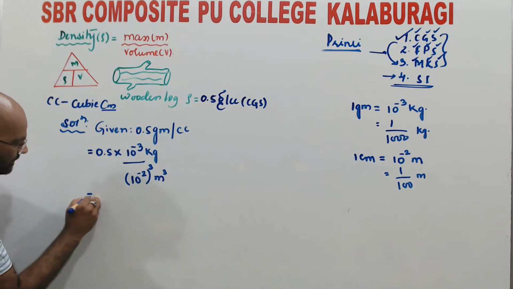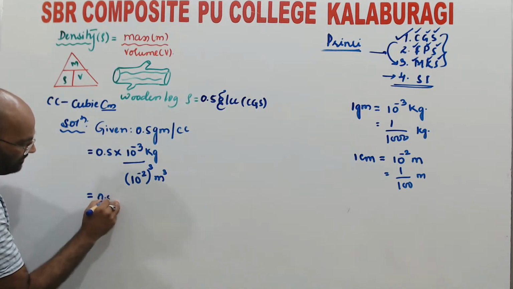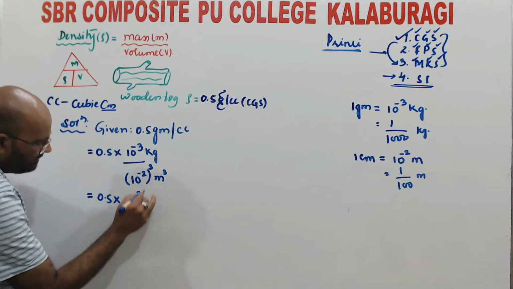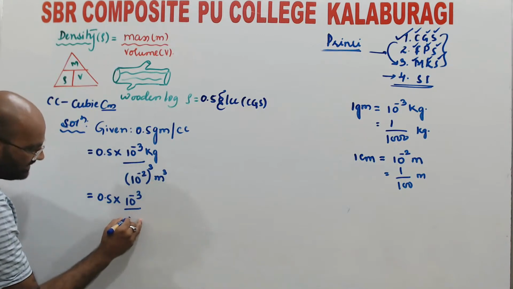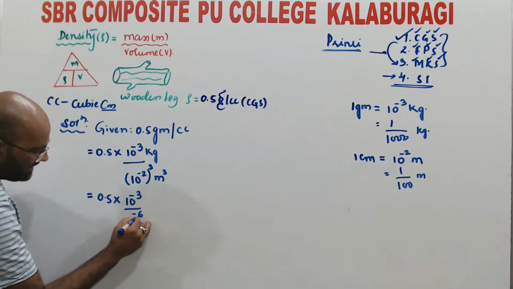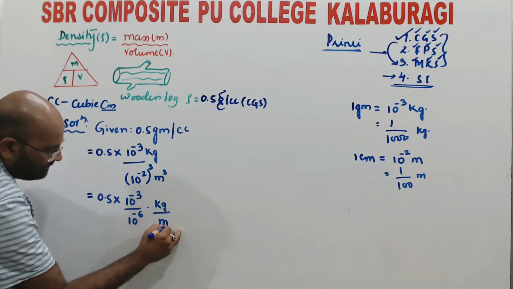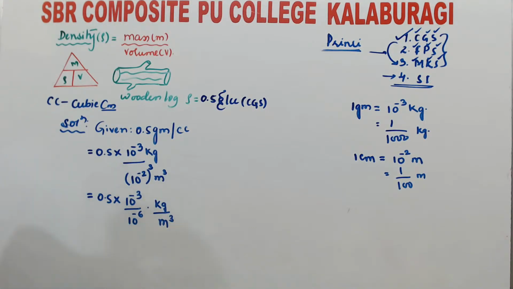So this is 0.5 into 10 raised to minus 3 divided by 10 to the power minus 6, kg per cubic meter.